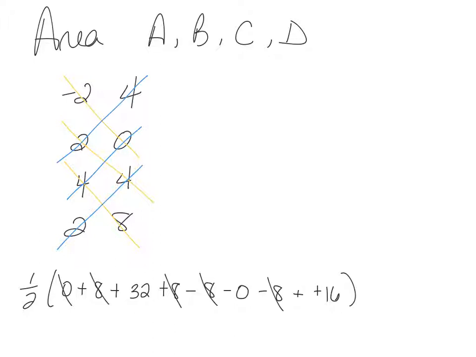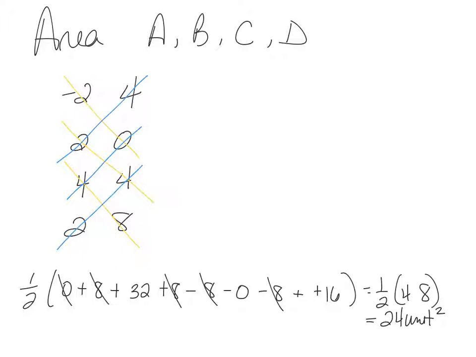Those are added together. So that gives me 1/2 times 48, which equals 24 units squared.